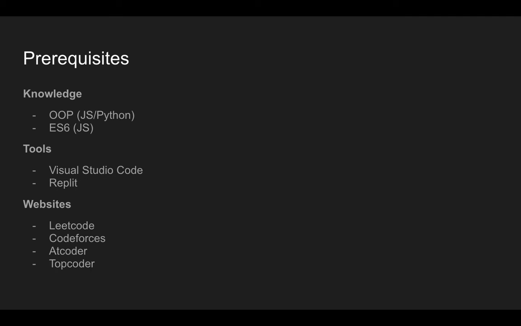For prerequisites, one of the popular ways I've seen people write code is that they generally follow an object-oriented approach. So your solution will generally be a class, and your methods will be written inside the class and stuff like that. So I believe some basics of object-oriented programming are needed in both JavaScript and Python.